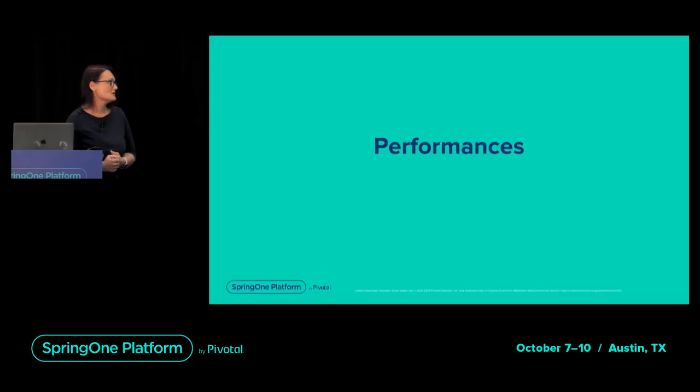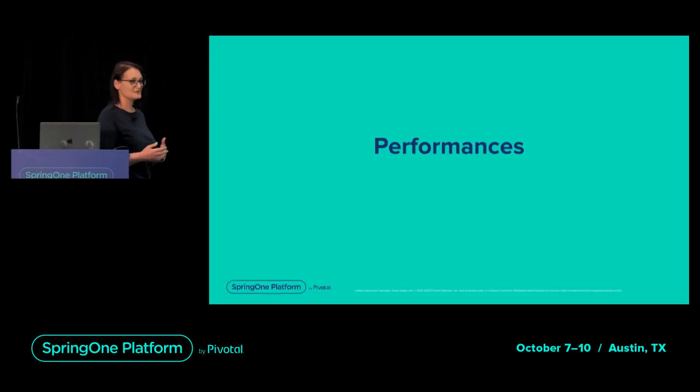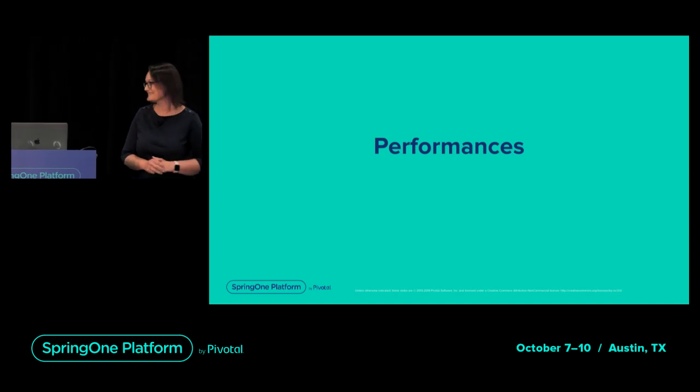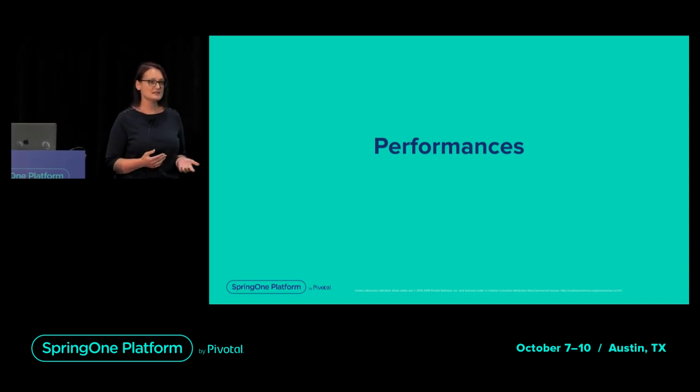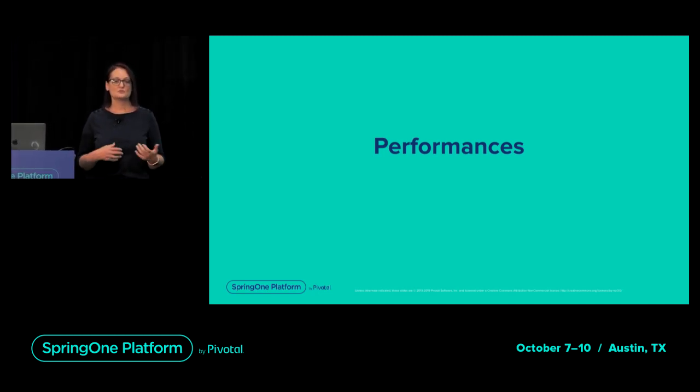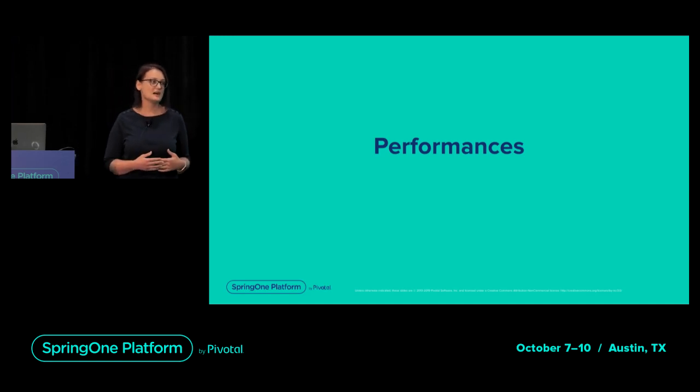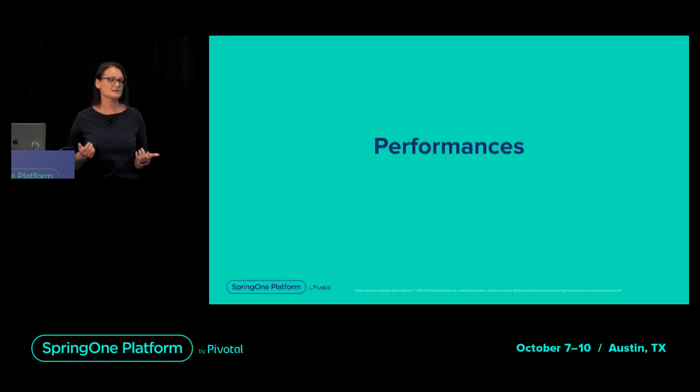And now let's talk about performance. Performance is a top topic these days. But what we want to highlight here is that we do not want to speak only about throughput, but also about how we utilize the resources, like threads, memory, CPU.